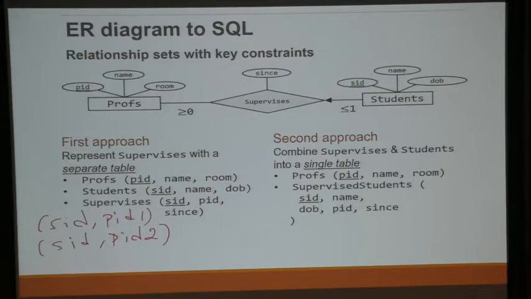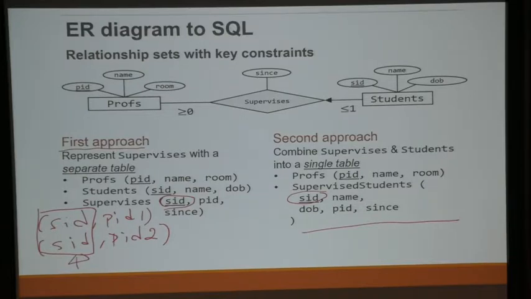If this is allowed, that means the constraint in this ER diagram is not captured. And this is not allowed in this particular instance because for the first approach, we know that SID is a primary key, which means this duplication is going to be rejected. And similarly for this one, if we combine it and SID is still the only primary key, then this will be rejected as well.